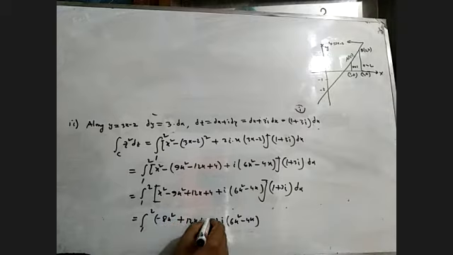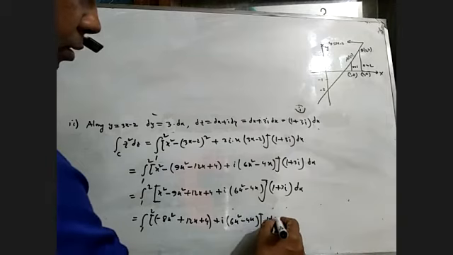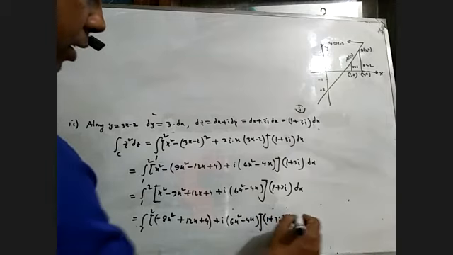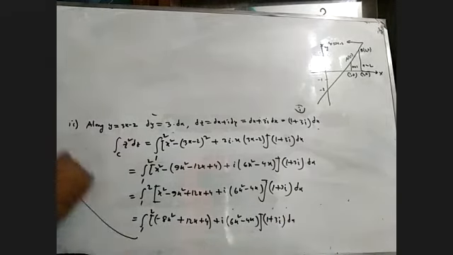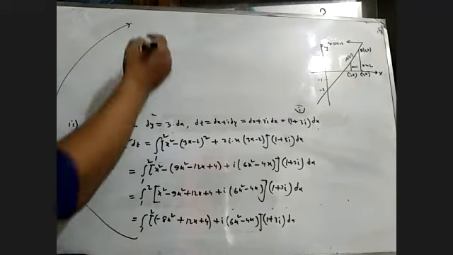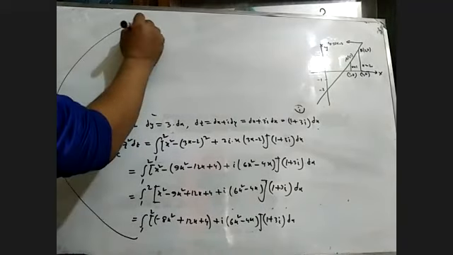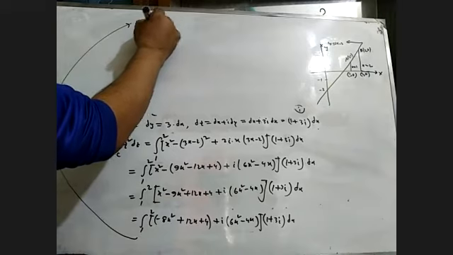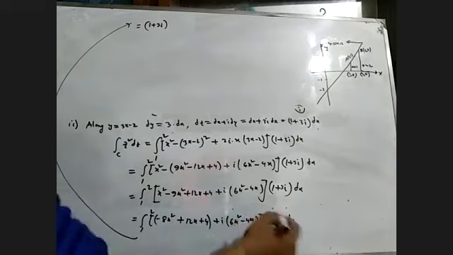So this is the real part and this is the imaginary part. Okay, 1 plus 3i into dx. Now after this integration, we can write this is the constant. Okay, 1 plus 3i is the constant.